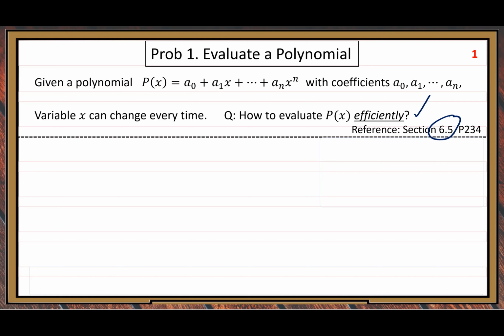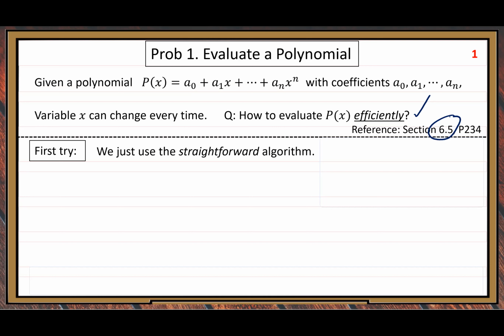All right, so let's do our first try. Everybody knows how to do addition and multiplication. People just follow the natural order to do additions and multiplications, and then you can find the value immediately, right? So that's our first try. We just use the straightforward algorithm.